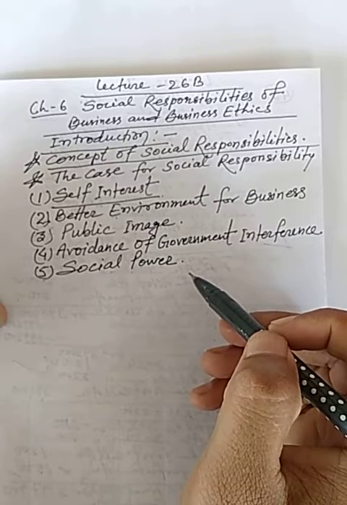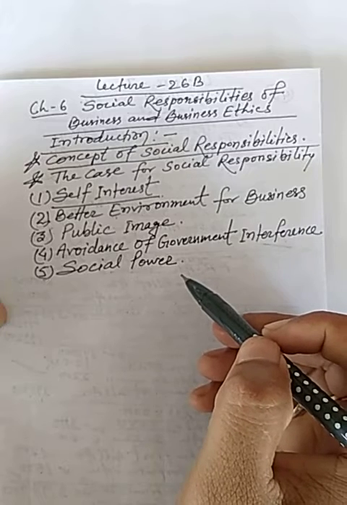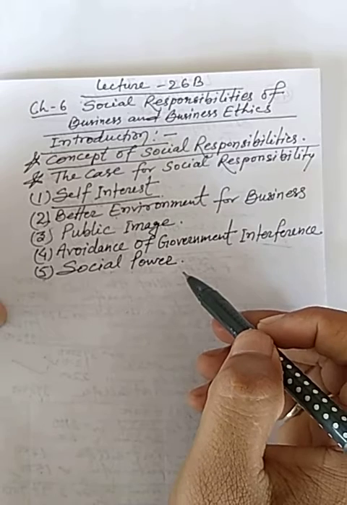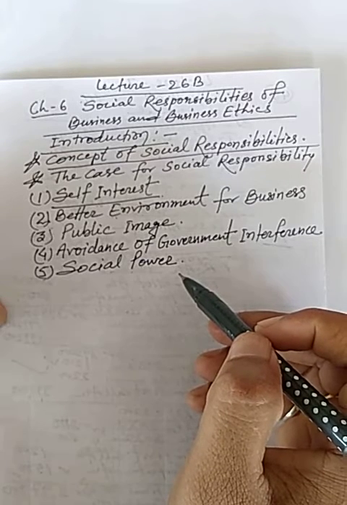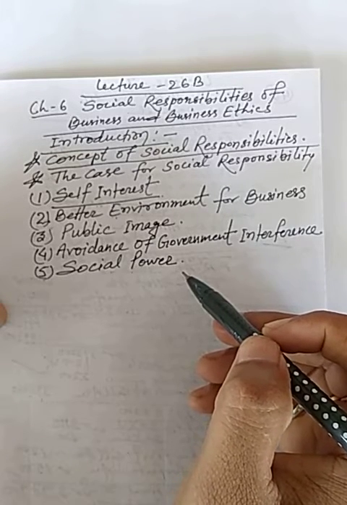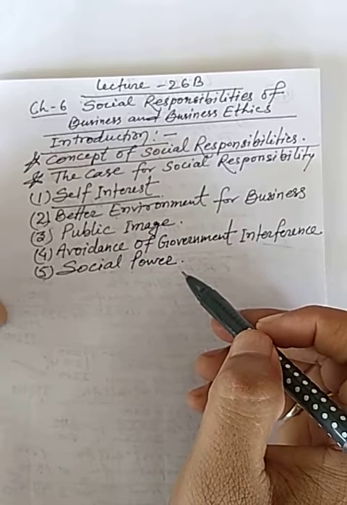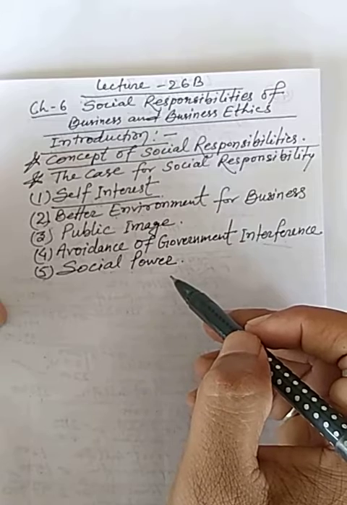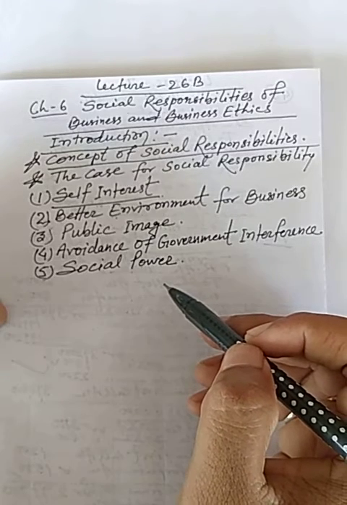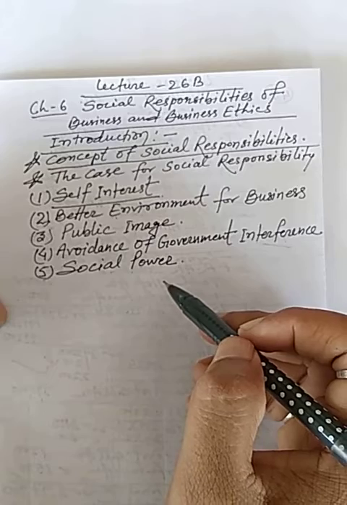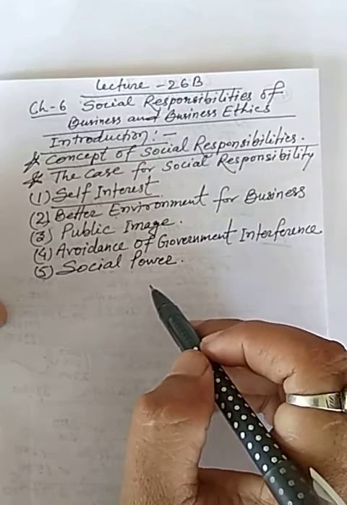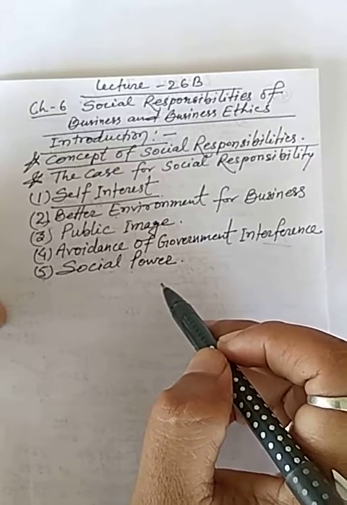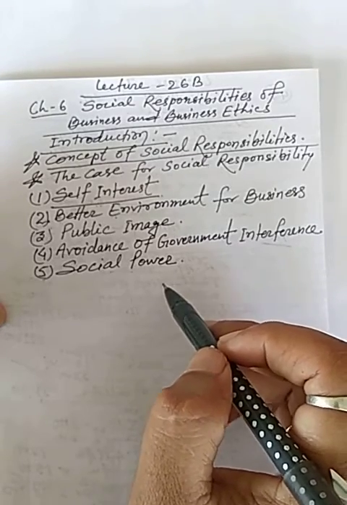There must be a balance between the power and responsibility. Any imbalance opens the door to irresponsible behavior. The power is given to meet responsibility. If businessmen avoid it, then some of its power can be withdrawn by the government and other social groups.